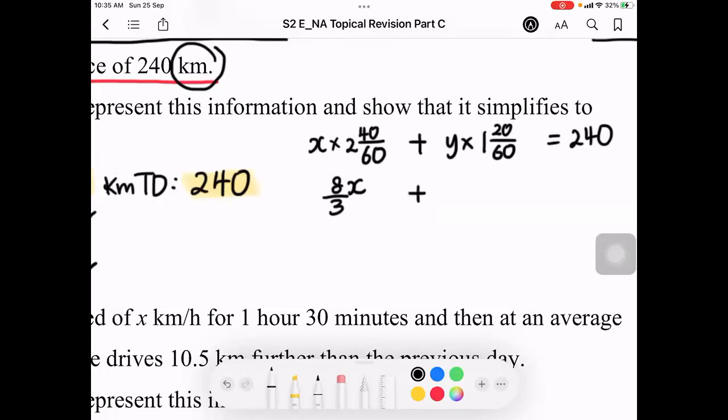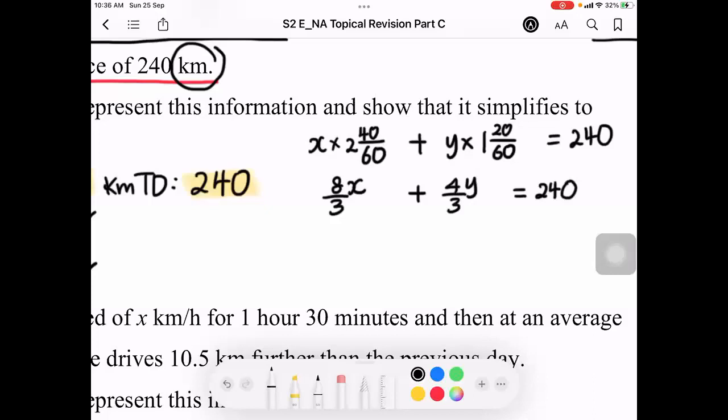Plus the next one, 1 and 20 over 60. Use your calculator, shift, make sure the 3 square boxes appear, I get 4 over 3. So this is 4 over 3 y. Instead of writing the y in the middle, I'll put the y on the top. Everything equals 240.